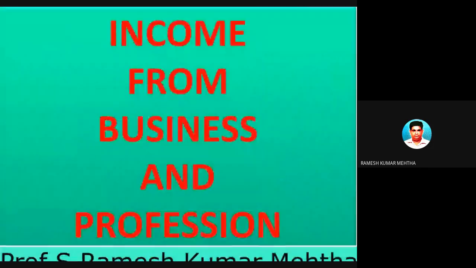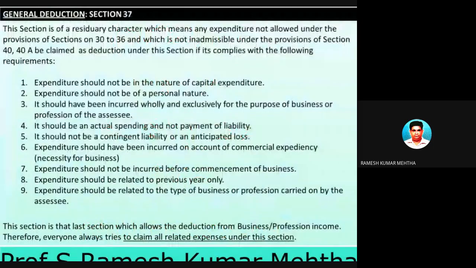So income from business and profession. In the last class we have understood what are the expenditures which will not be allowed to be shown on the debit side of profit and loss account, like capital expenditure, personal expenditure, so on and so forth.